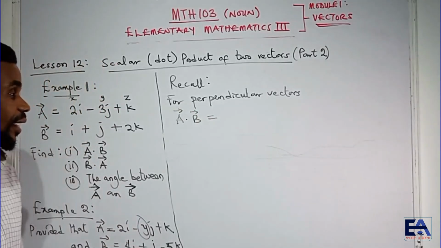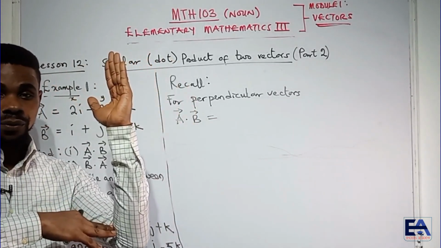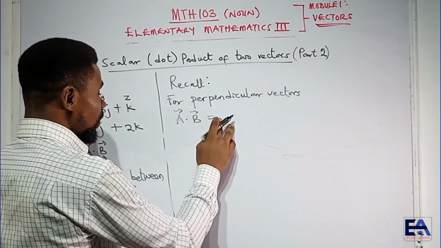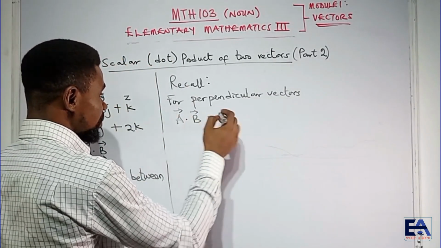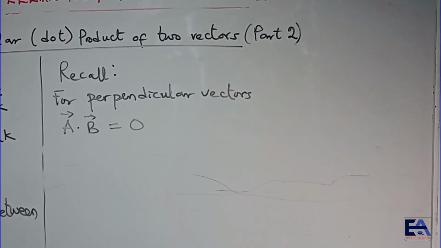You know the reason why? Because cos 90 degrees is 0. So if two vectors are perpendicular, it means their dot product is 0. I've explained that earlier. You can just rewind if you didn't get that part.